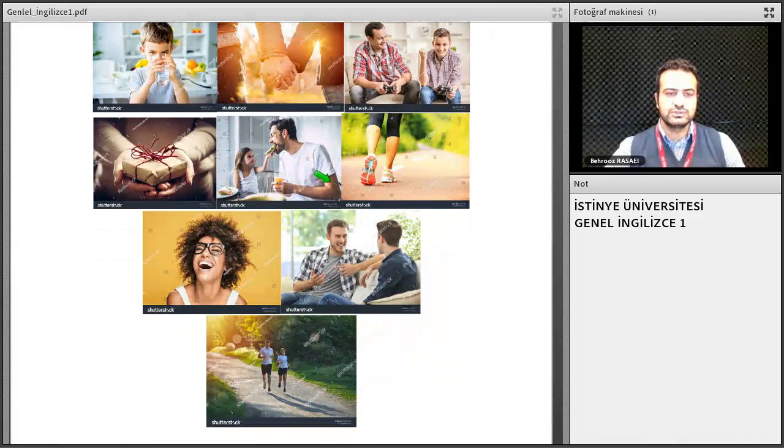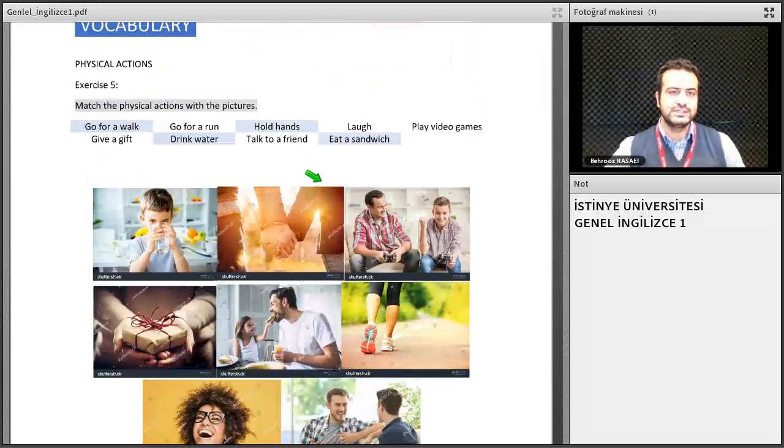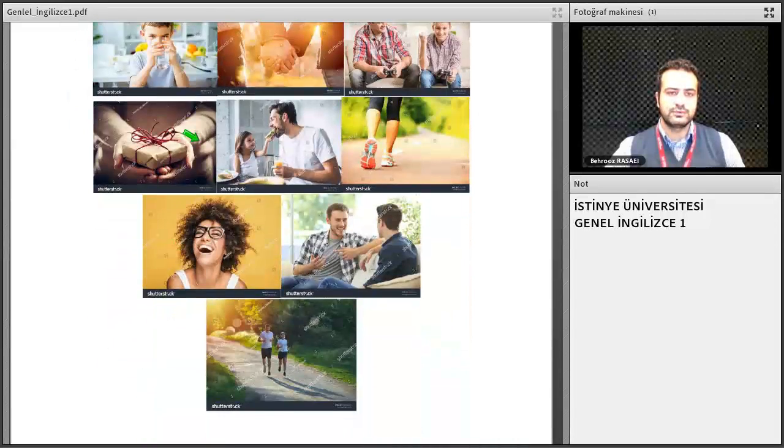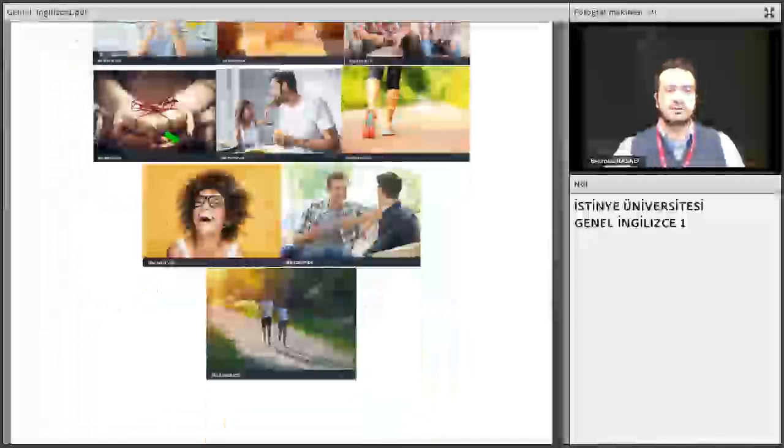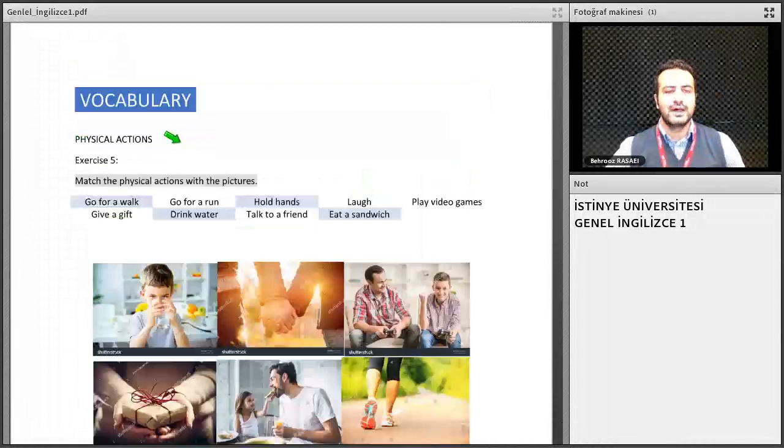So you need to match the expressions here with the pictures below. There are 9 different pictures and 9 different physical actions. So you just have to match them.